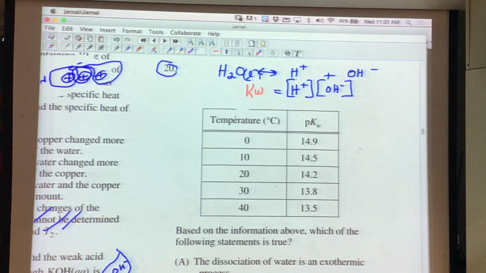Kw. Now, Kw is equal to 10 to the negative 14, correct? But that's at a certain temperature. Equilibrium constants are temperature sensitive. So once you start changing the temperature, you start changing Kw. Now, when Kw is equal to 1 times 10 to the negative 14, and by the way, I believe that's 24 degrees Celsius, okay? This has to equal what?